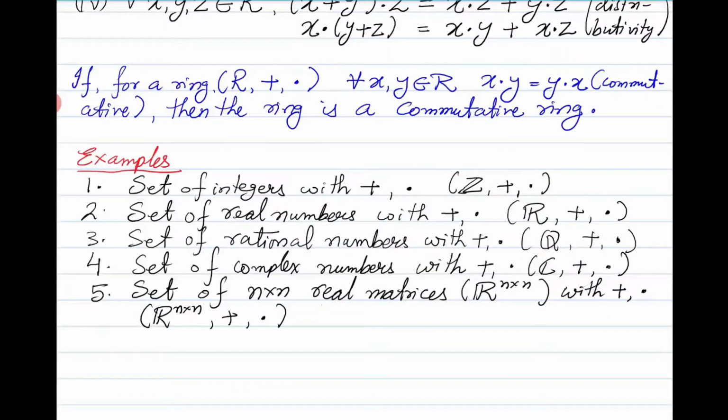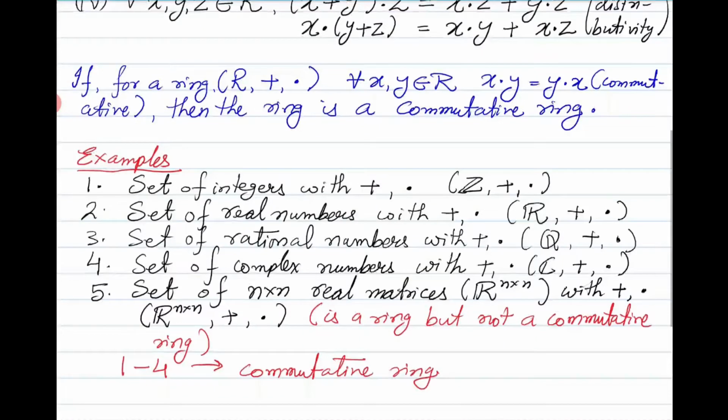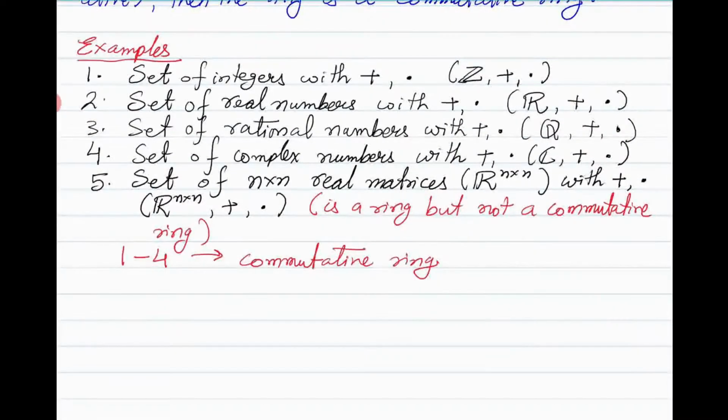The answer is no. This is a ring, but not a commutative ring. Examples 1 to 4 are commutative.